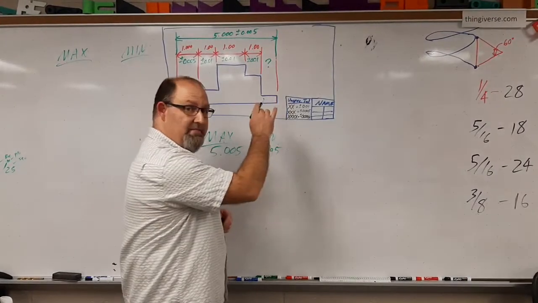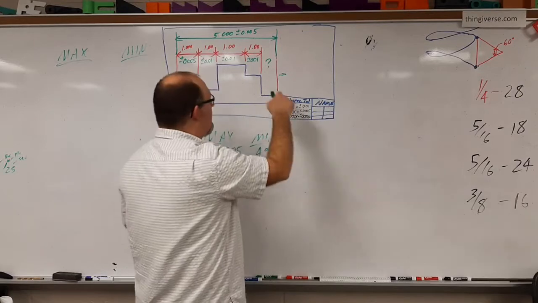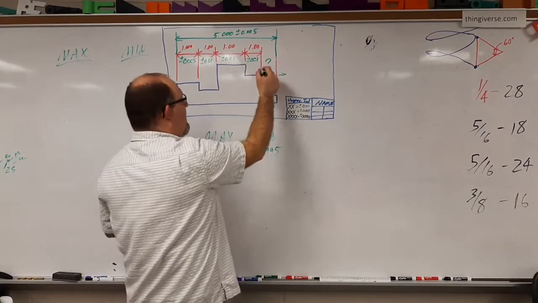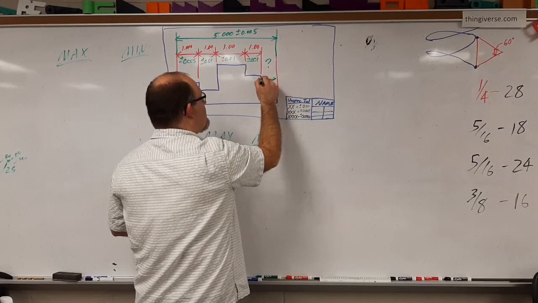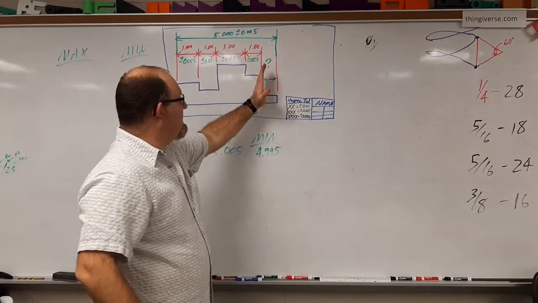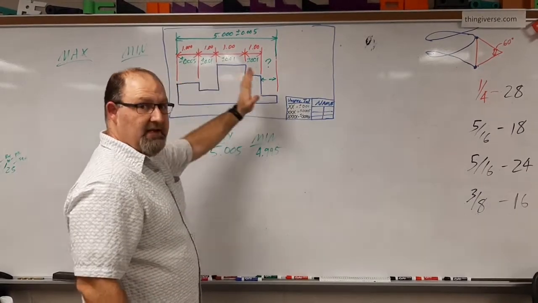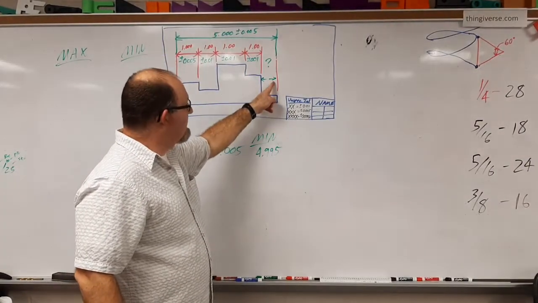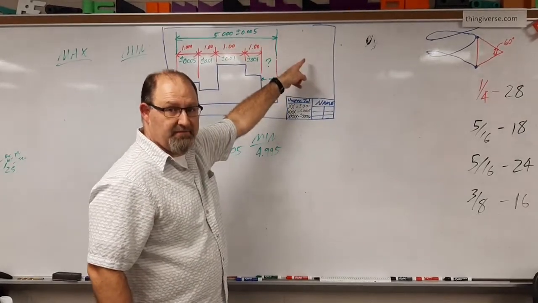If we want to look at the maximum, we want to push this edge out that way, and we want to push this edge as far back this way as we can go, okay? So let me just draw these arrows on the inside here. We want to push this edge back, which means this is going to be minus, minus, minus, minus, to make this go as far back this way as we can. And this arrow here pushing this edge that way, we want that to be the plus, okay?